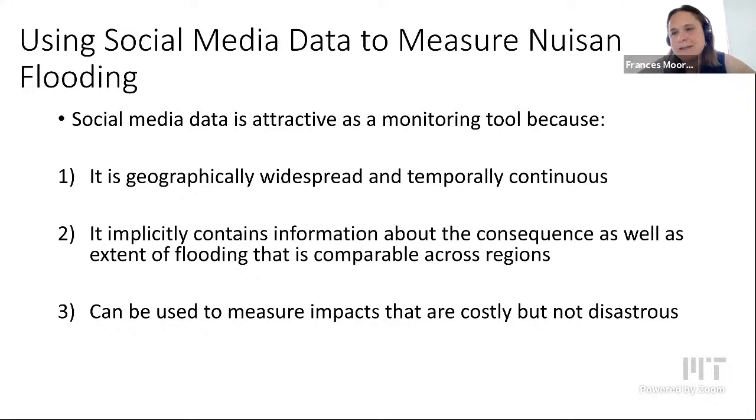So potentially it's a way to investigate these phenomena across a wide area in a way that's more standardized and contains more information than these more traditional environmental monitoring tools. Although, of course, it does also contain its own perils and pitfalls, that we might get into more in the Q&A.